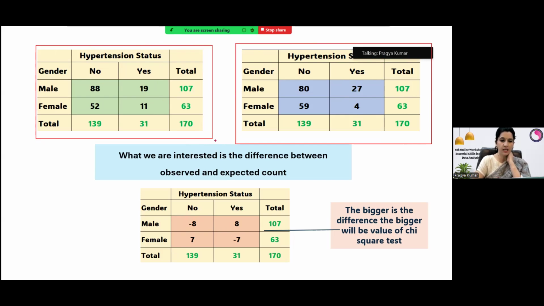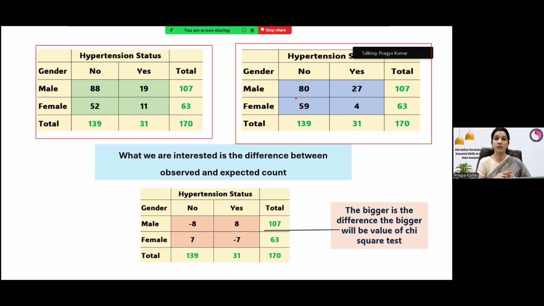So the larger the difference between observed and expected, the larger the value of chi-square. And the larger the chi-square, the more significance you will achieve. Because you know that for achieving 0.05, the minimum value of chi-square should be 3.84. So if it is more than that, the higher the value of chi-square, the more significance.